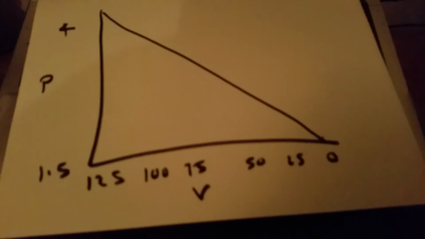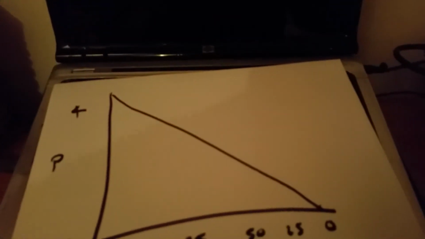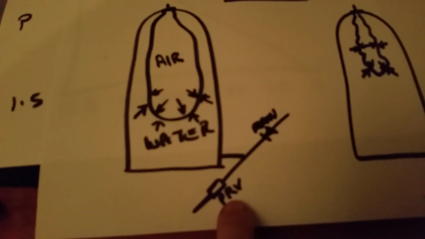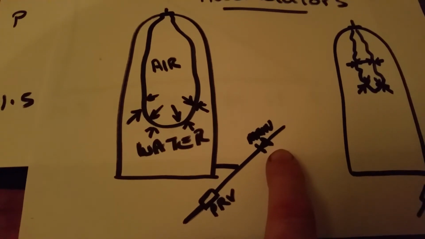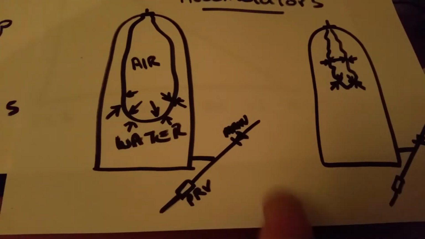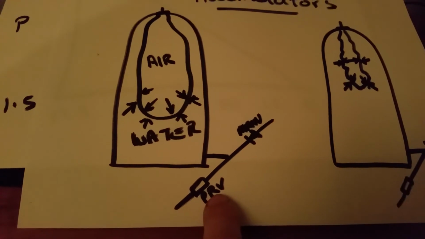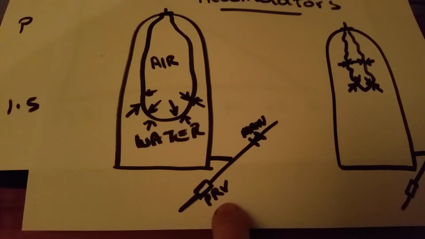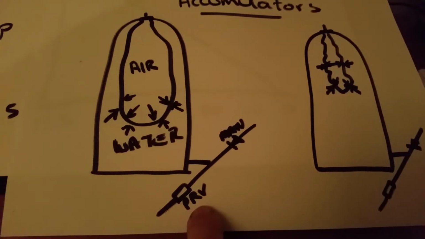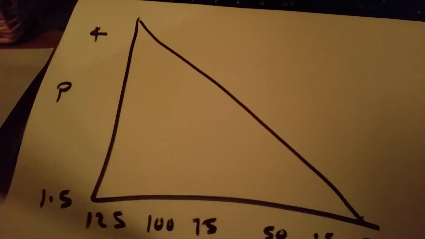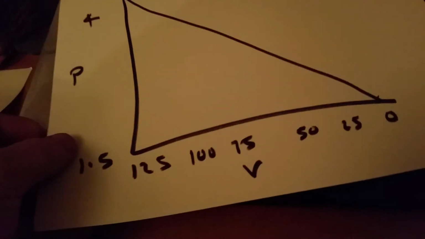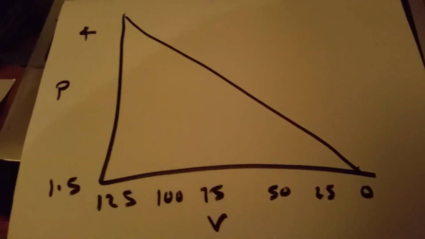So what we use is a pressure reducing valve. I'll come back to my picture. Pressure reducing valve down the line here, and I'm assuming a non-return valve back on the main here. I'm not sure about this, but this I am. So if I was to set this pressure reducing valve to 1.5 bar, for example, what it would do is it would actually supply a full 125 litres of water at 1.5 bar.